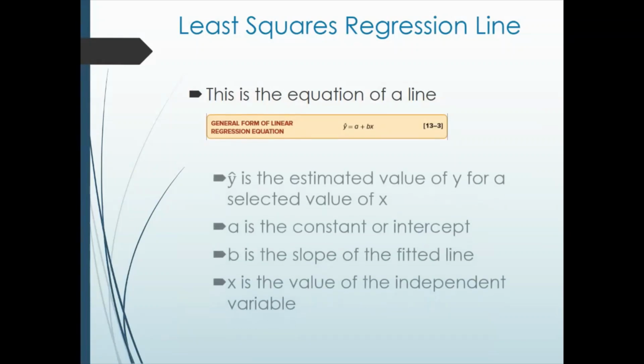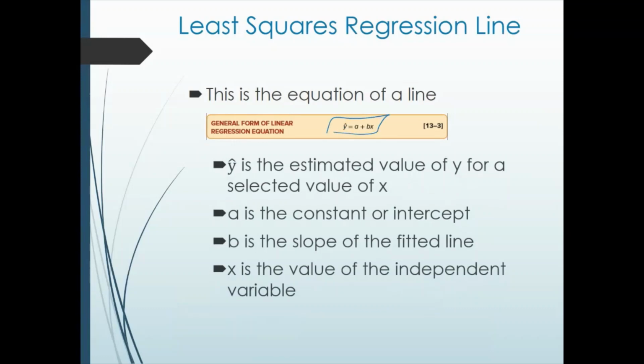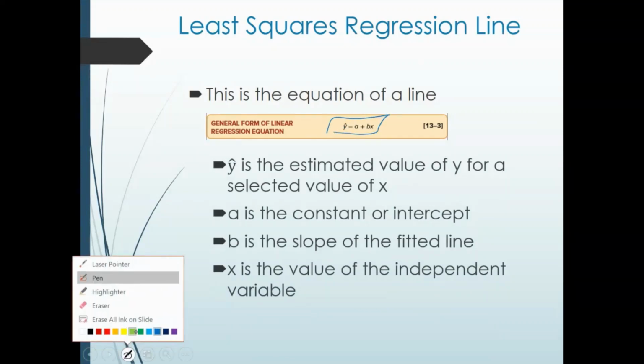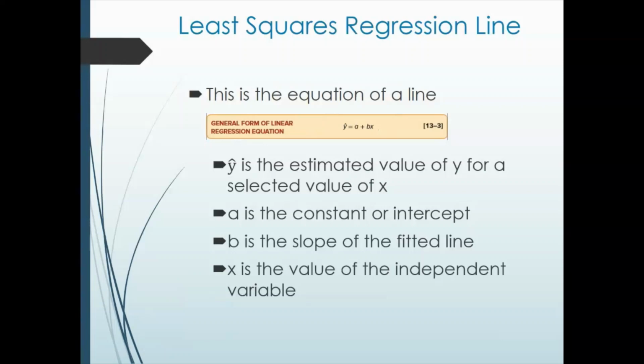Once the line is figured, then we will get what is called the equation of the line. Now, different books have different letters for the equation of the line, but basically your y is your dependent variable.